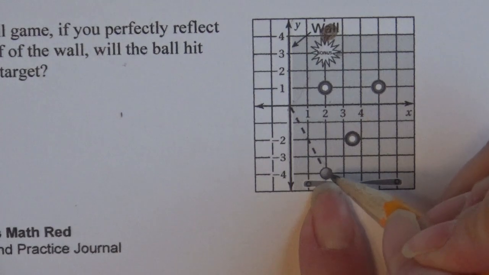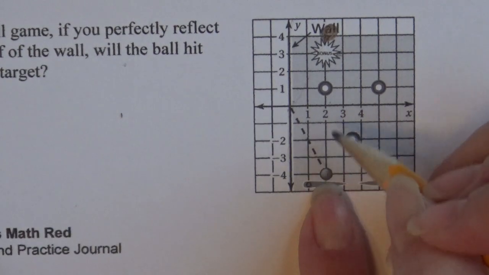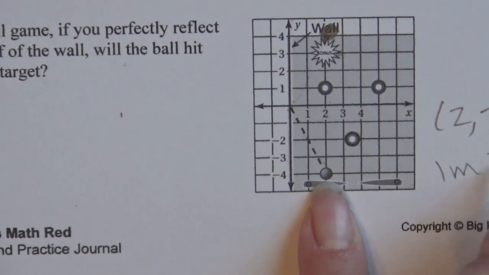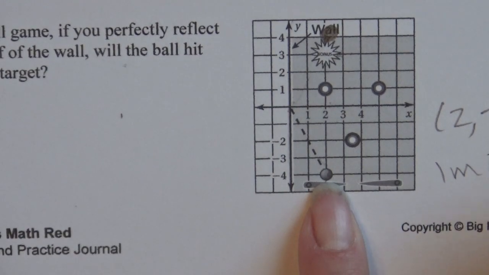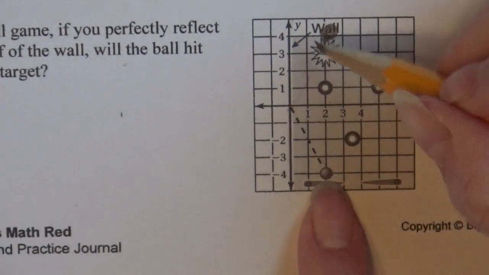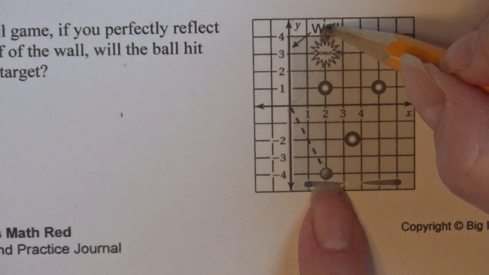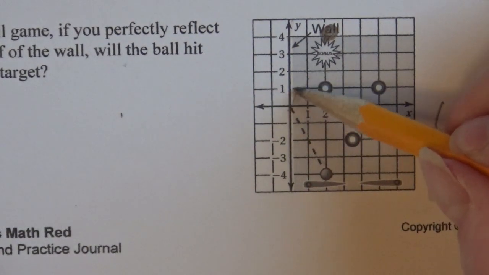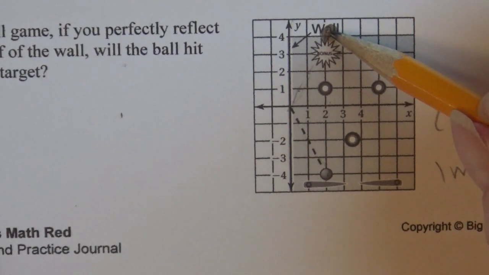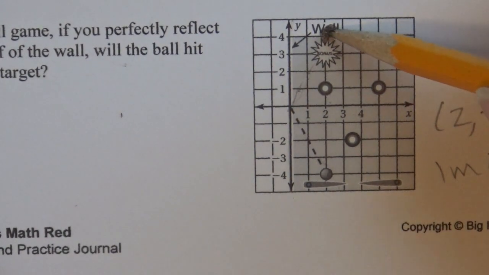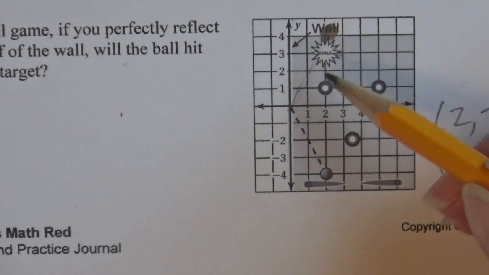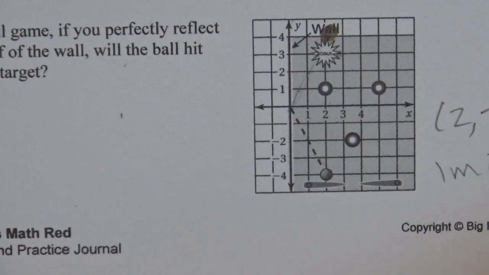The original ball was sitting over here at ordered pair 2, negative 4. We want the image of this, which is going to be this point up here, and that point is ordered pair 2, positive 4. Okay, so if the ball follows this trajectory to that point for the image, has it hit that target? Well, it's actually gone above it. It did not actually hit the target. It went over it, so it would be no.